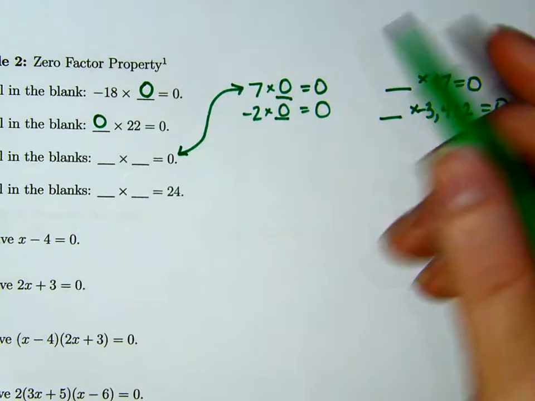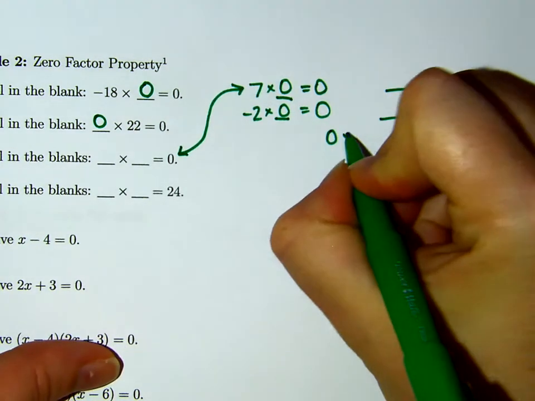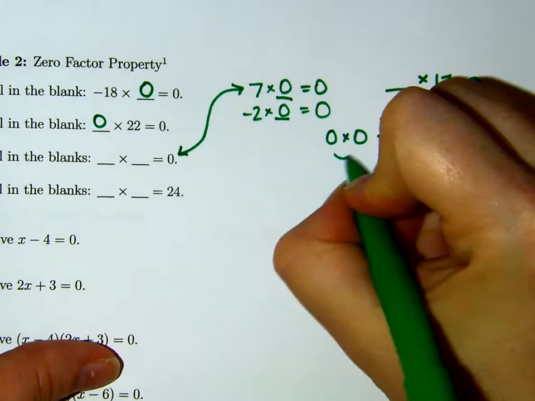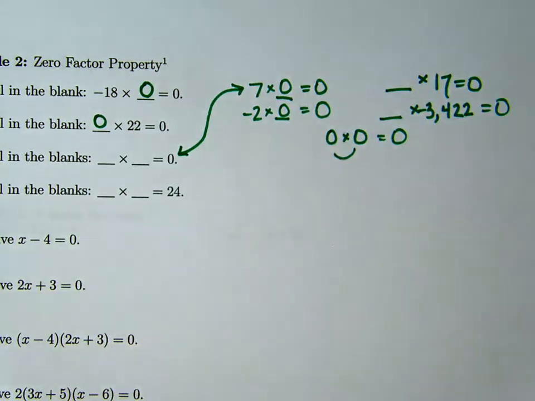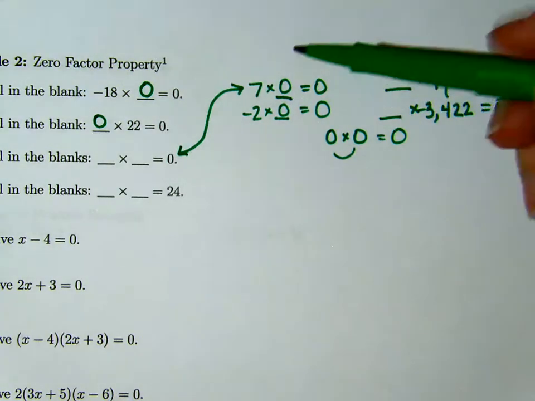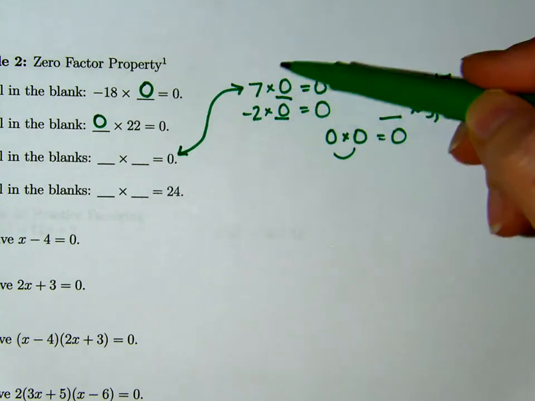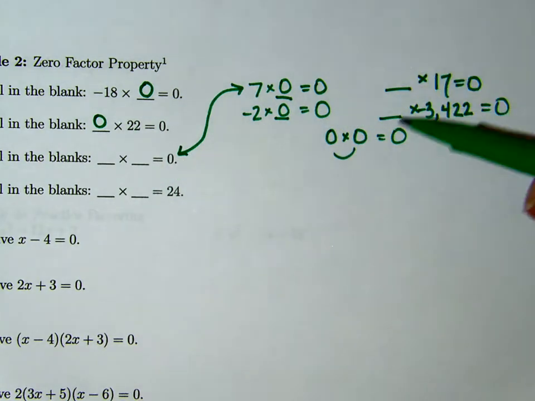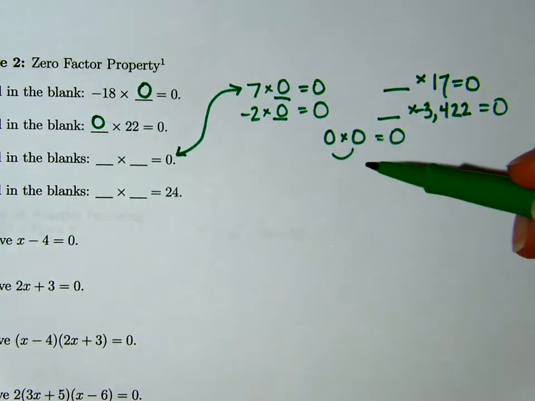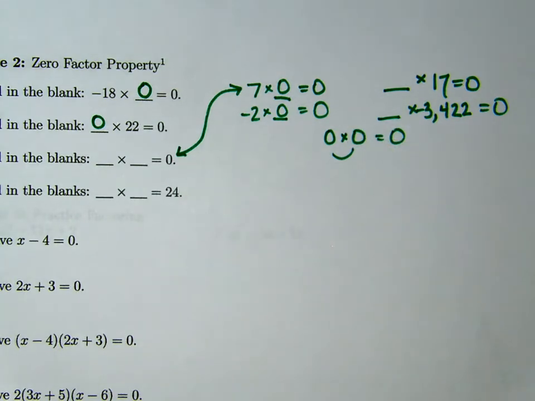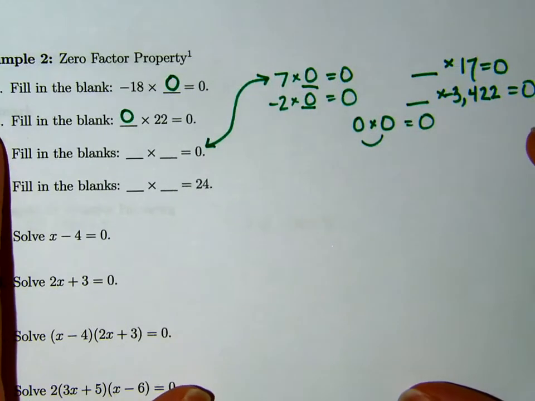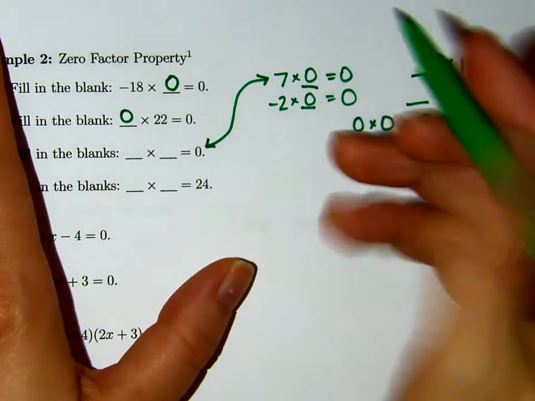And also, I do believe that 0 sets of 0 does in fact give us nothing still. So it looks like either the second factor has to be 0 to multiply to 0, or the first factor has to be 0 to multiply to 0, or both factors are 0. Okay, so let's write that down.